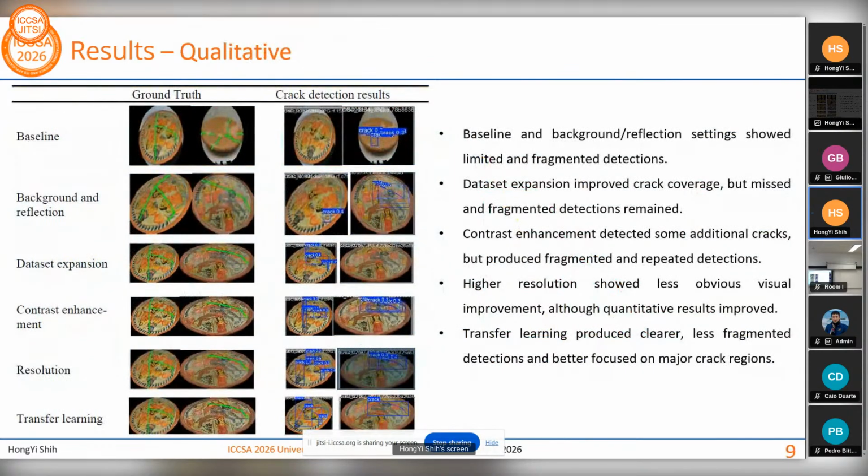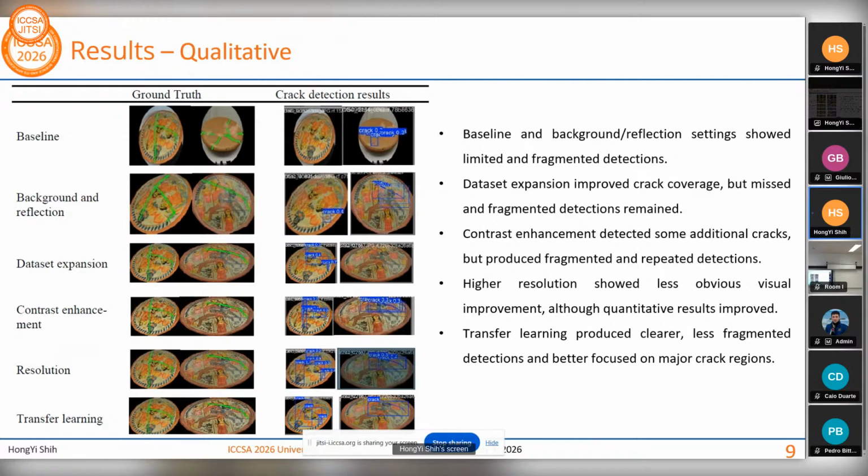For the qualitative results, it further explains the quantitative findings. So in the baseline setting, we can see only very few cracks are detected, which is consistent with the low quantitative scores. And after removing the background and adjusting the reflection, the model detected slightly more crack regions, but the results were still fragmented. And with data expansion, the model showed a clear overall improvement.